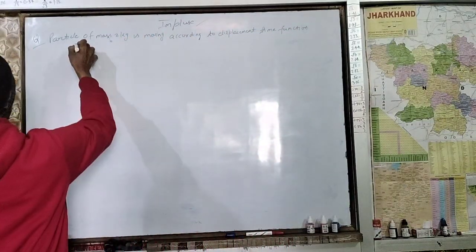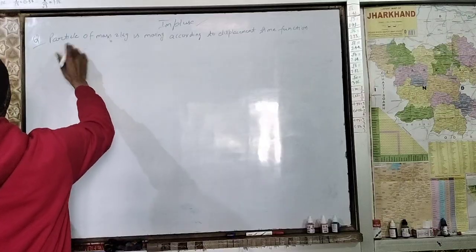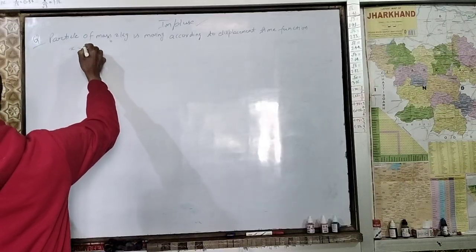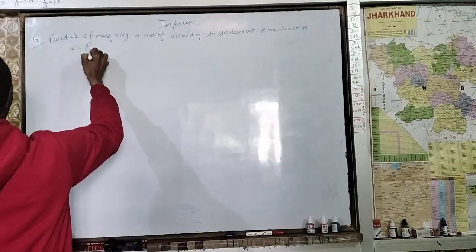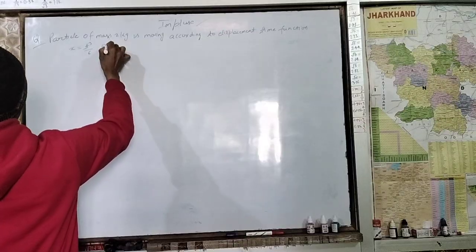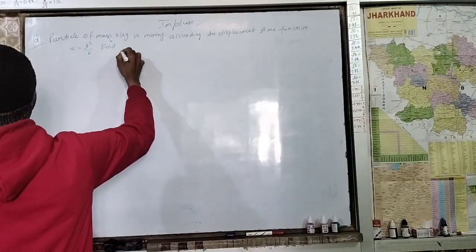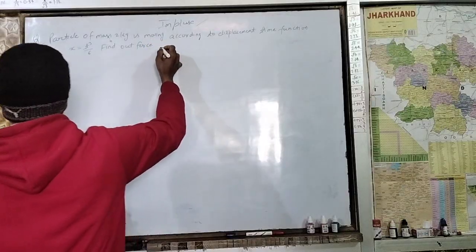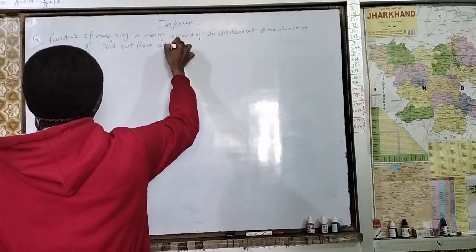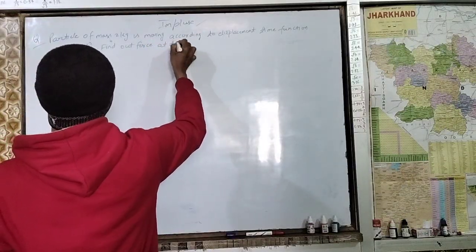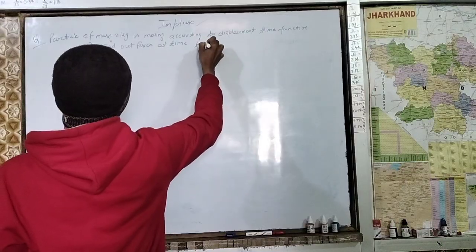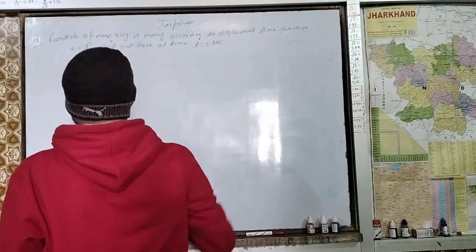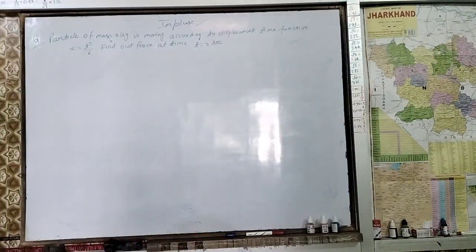Time function x is given, which is equal to t raised to power 3 upon 6. Find out the force at time t is equal to 2 seconds.